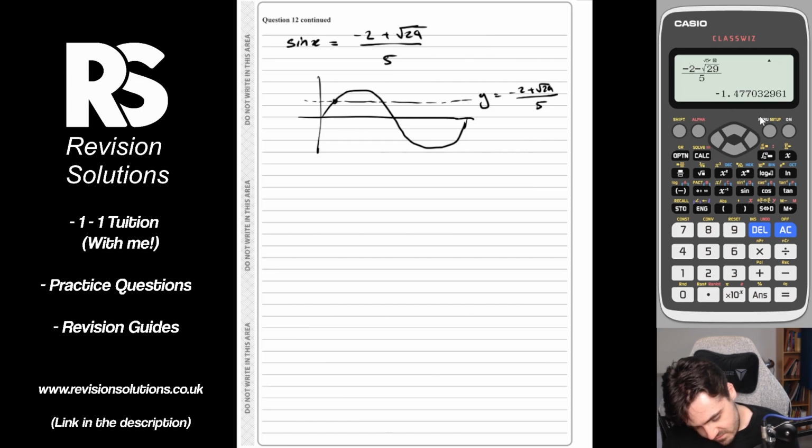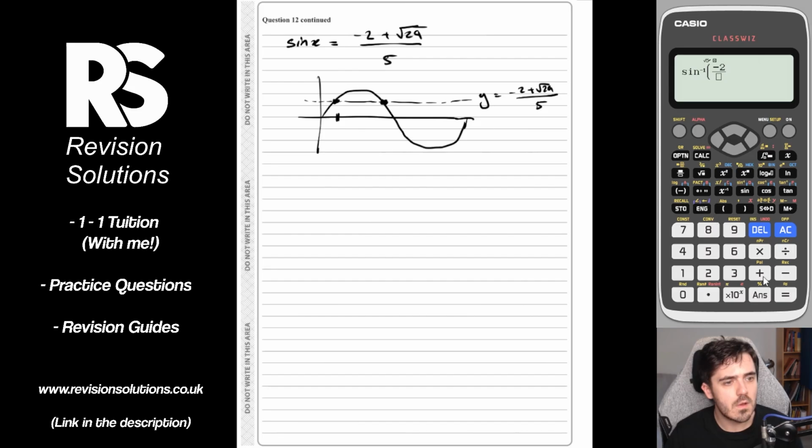And we're interested in these two values. So to get the first one, we can just do inverse sine of minus 2 plus root 29 on 5, and we'll get this value here. So let's do that: inverse sine of minus 2 plus root 29 over 5.